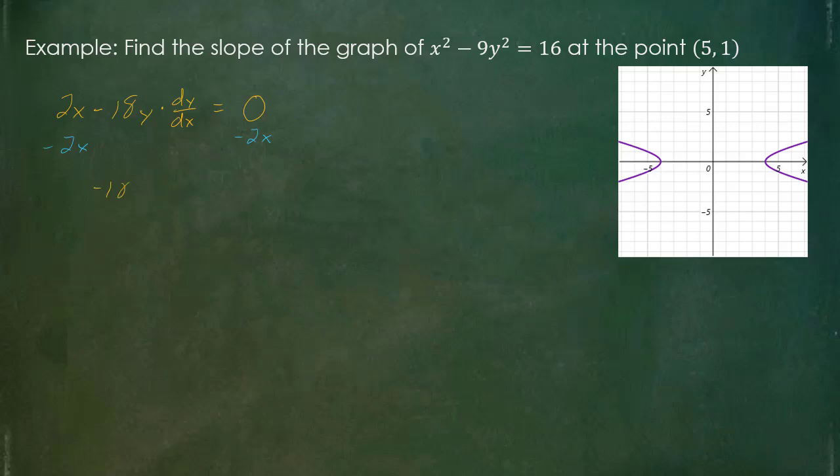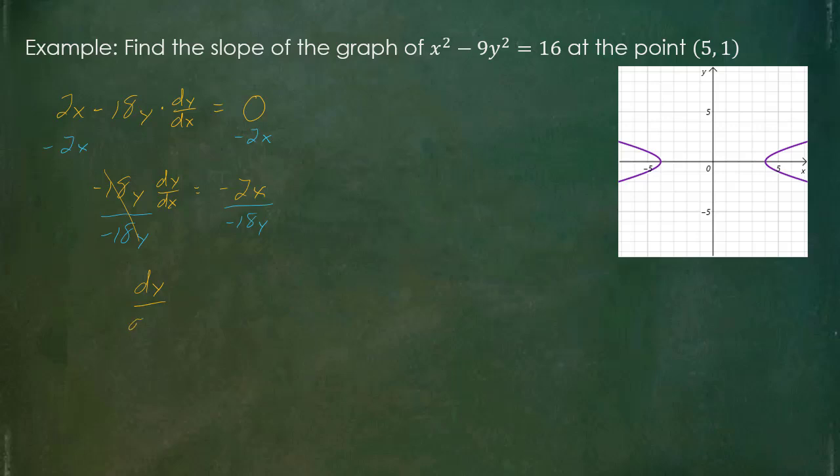I've got negative 18y dy over dx being equivalent to negative 2x. So now if I wanted to isolate the dy over dx, I would just have to divide by negative 18y. The double negatives turns this right back into a positive, like it could have been if we would have moved the 18y dy over dx to the right. So it really didn't change a whole lot of our process.